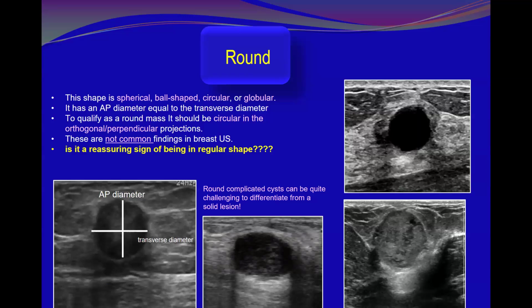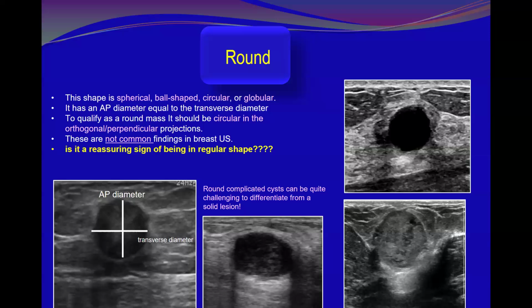The round shape. What do you think about the round shape? Is it reassuring or not reassuring? It is a regular shape. Oval and round are regular shapes. But what is the difference between oval and round?